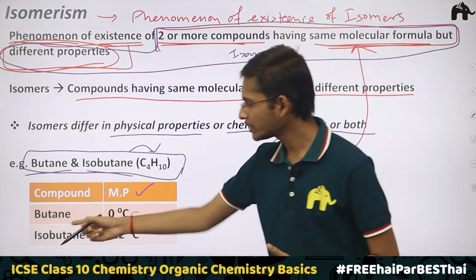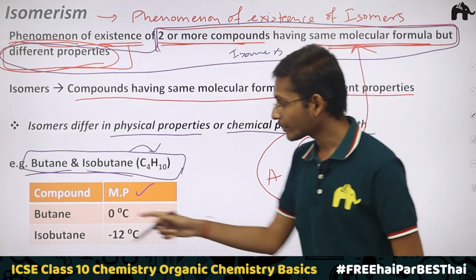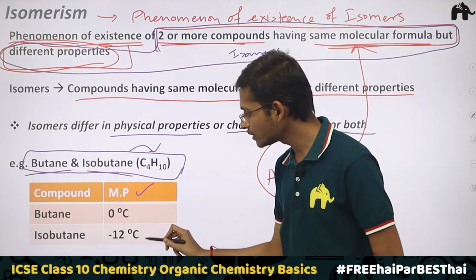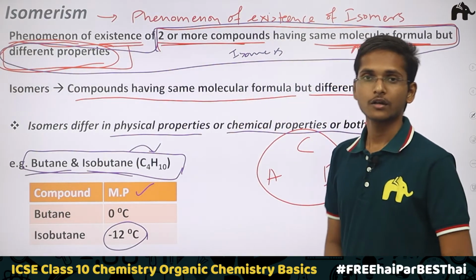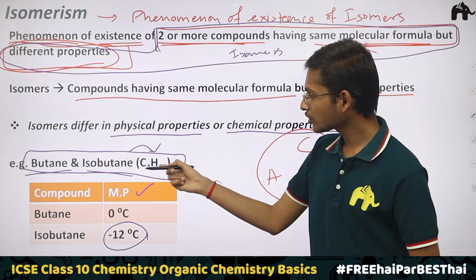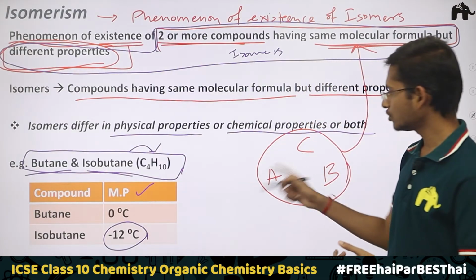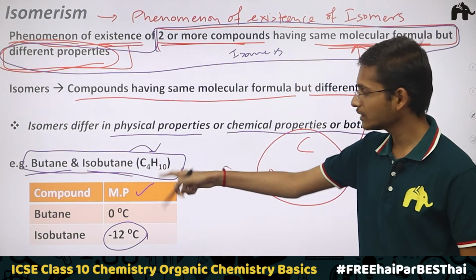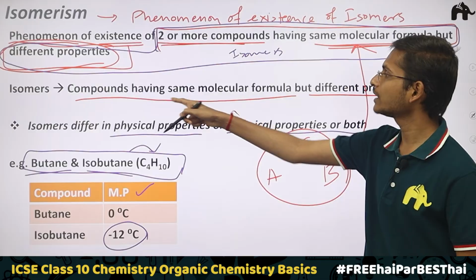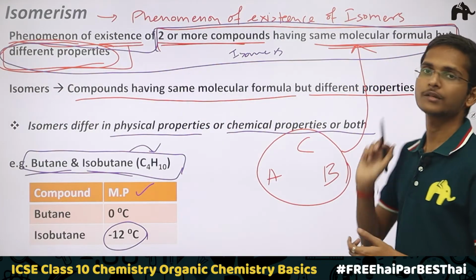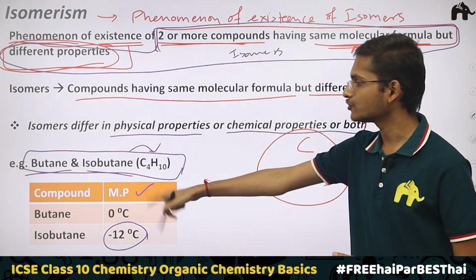You can observe butane's melting point is 0 degrees Celsius, while isobutane's melting point is minus 12 degrees Celsius. So though both have the same molecular formula, their properties are different. Therefore they are isomers.